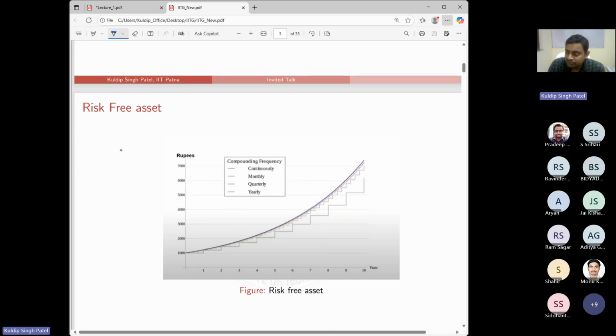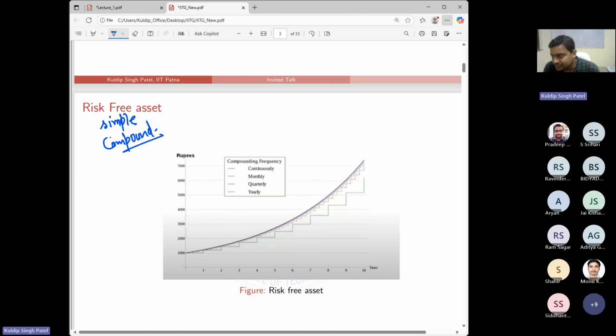Now, whenever we deposit some money in the bank, we get interest. Everyone is comfortable with interest, right? Interest rate. So what kind of interest have you been taught? Simple interest and compound interest.